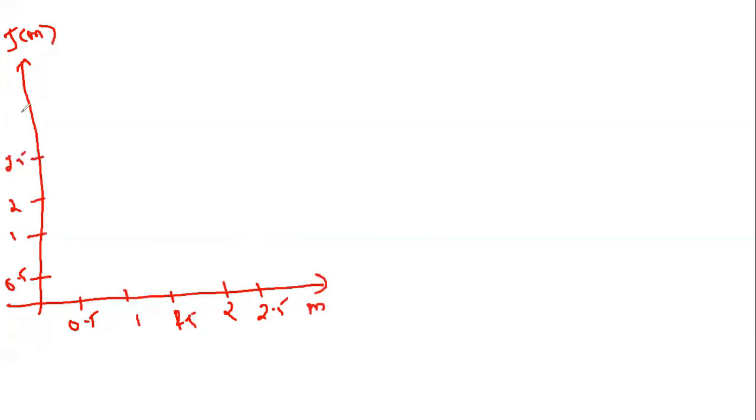As I said, this is my M value, this is my cost function, that is J of M. And here I'll write it as 0.5, 1, 1.5, 2, 2.5. Similarly, here I'll write it as 0.5, 1, 2, 2.5, 3. And you can see that my graphs look something like this.